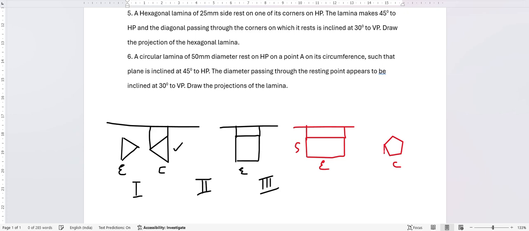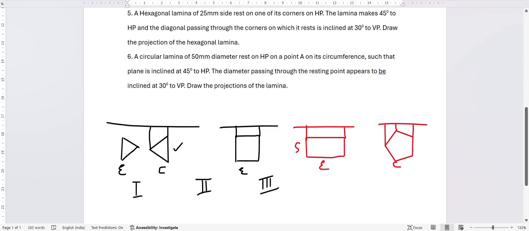Sorry, you should get it like this. This is the corner condition, and then you have to project all the lines. So this is the first position for the four problems.